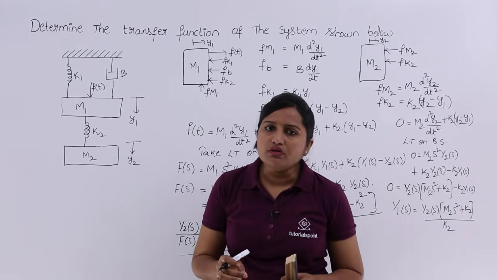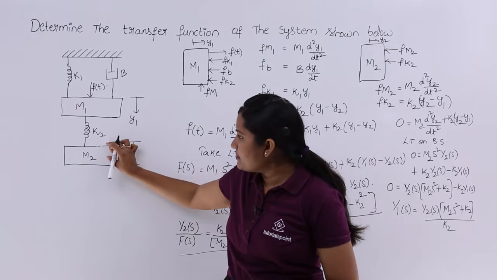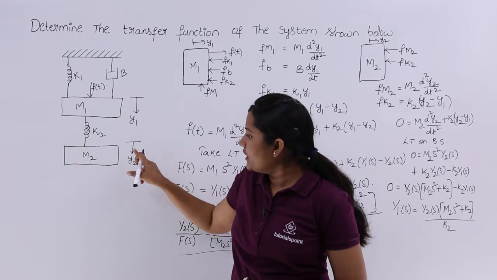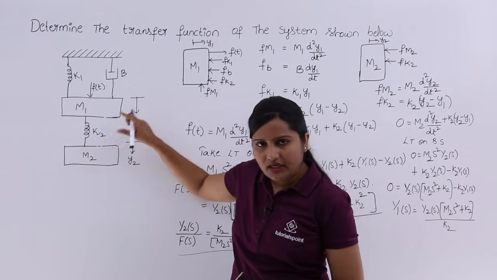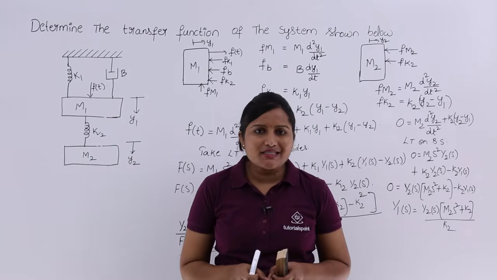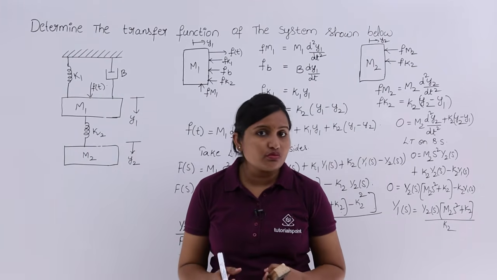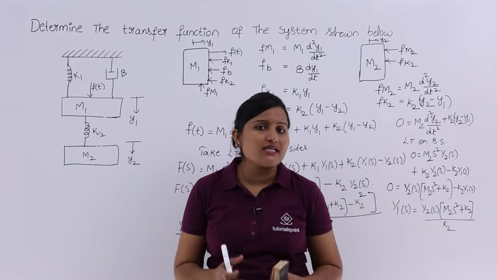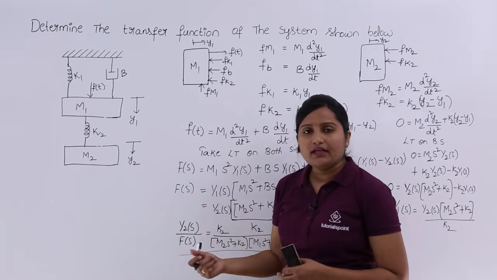You need to write according to the displacement direction. For this mass, when you are writing for this spring, you need to take y2 minus y1. For this mass, to write this spring, you need to write y1 minus y2. In this way you need to write the force equations, and finally get the transfer function of the system by taking output transform by input transform.